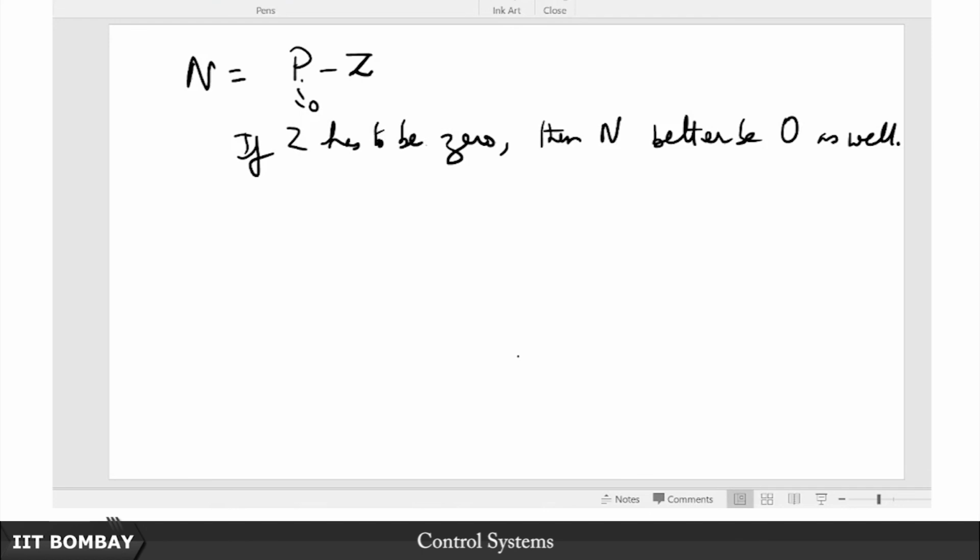Once I make that assumption, then I just need N to be equal to 0 in order for Z to be 0.